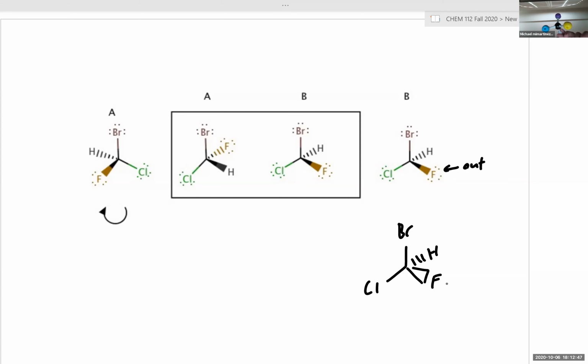Okay, so now that we have our first structure, let's look at our second structure, which is a little bit more interesting. Starting off, following our dash wedge notation, we have our bromine.